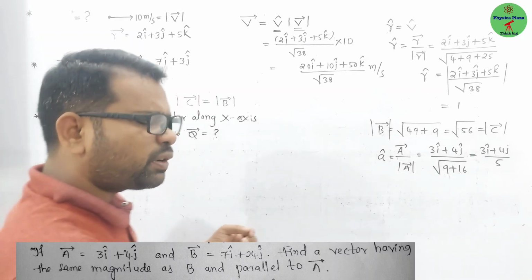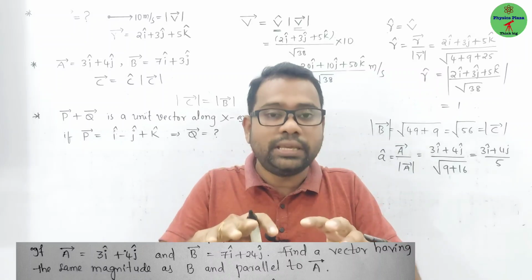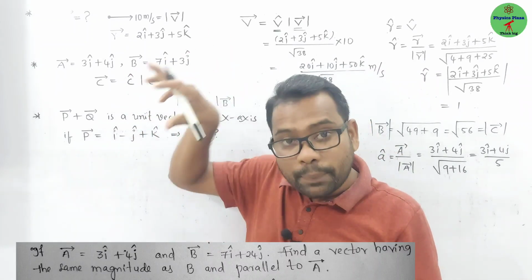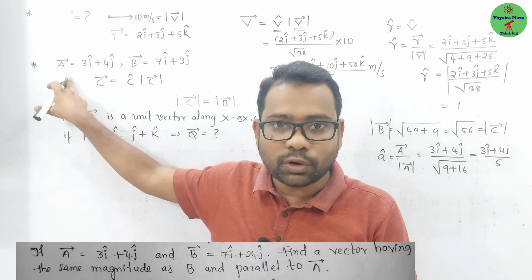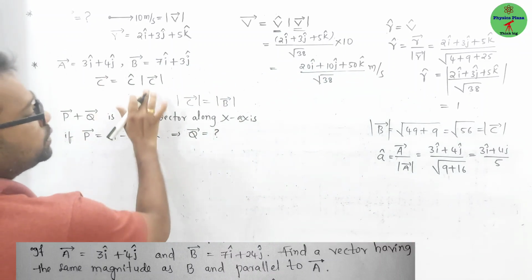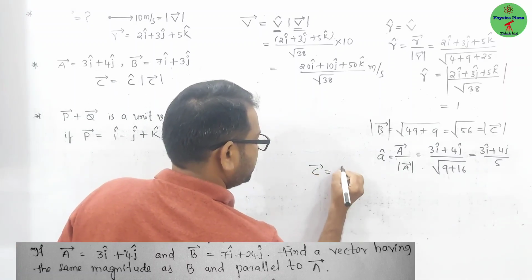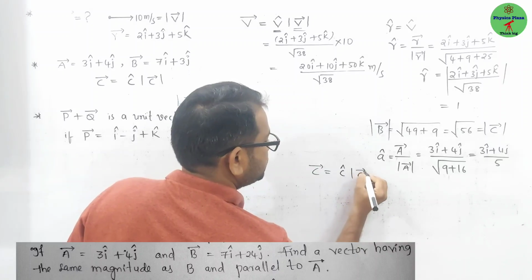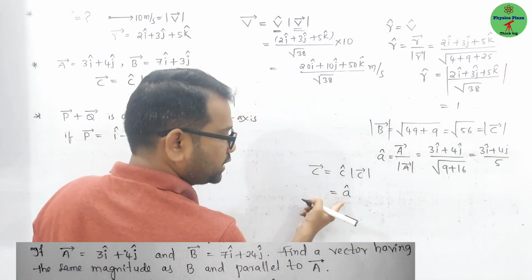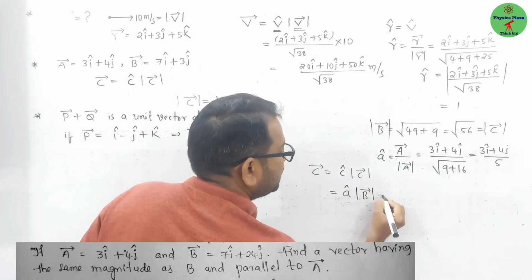So now you may wonder, sir, why are we calculating that? Because they asked us to calculate the vector C with the magnitude equal to the vector B and it should be parallel to the vector A. Parallel to vector A is what actually? Unit vector only. So this is vector C, right? Yes. So we have to represent like this. C is equal to unit vector of C into magnitude of C. So this is going to be A cap, because both being parallel means the unit vector is in the same direction, and it is the magnitude of the B vector. You multiply now.